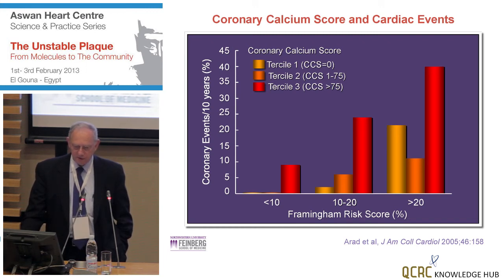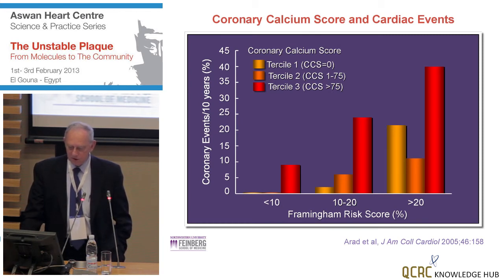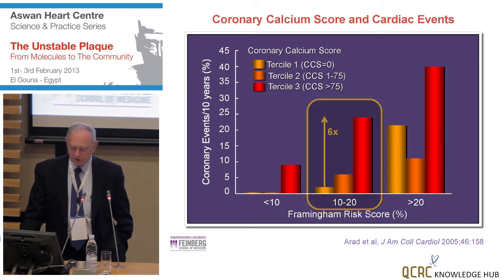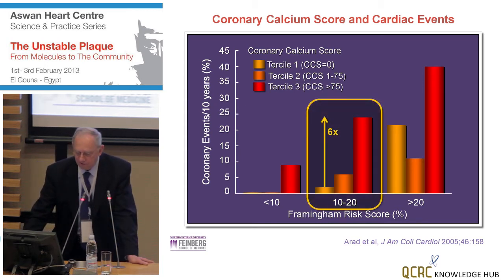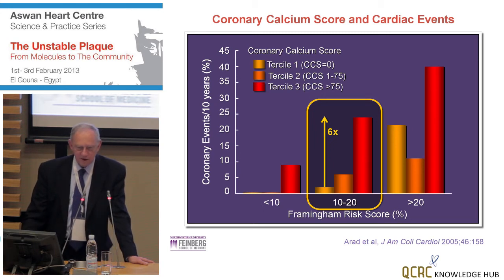But in the low risk group, even though the risk was higher with high calcium, the overall risk remains low. In the high Framingham group, although there's stratification, risk remains high even if you have no calcium. But this intermediate group is important because in this intermediate group, one gets a 6-fold increase in risk as we go from low calcium to high calcium.